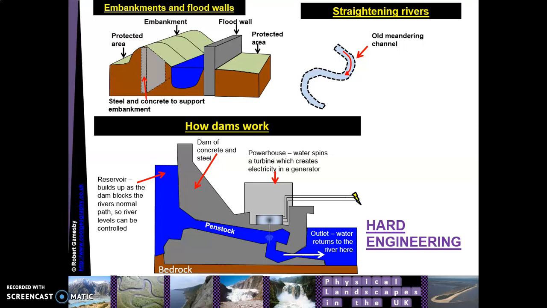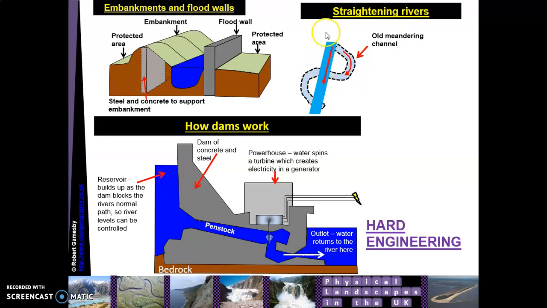Straightening meanders is quite a simple thing to understand as well. Straightening meanders is literally you take a meander out. So you dig a trench, a new river, through meanders. And the idea of this is to reduce the amount of water that is affecting that area. So if you've got a straight channel, then you've got less surface area that can flood.